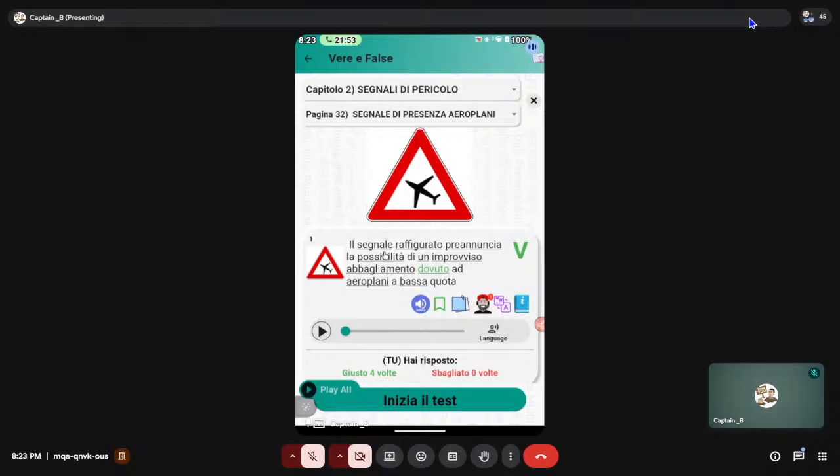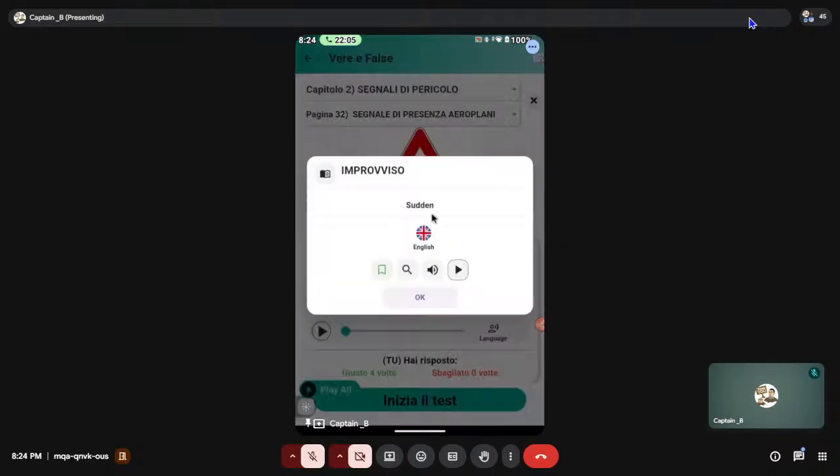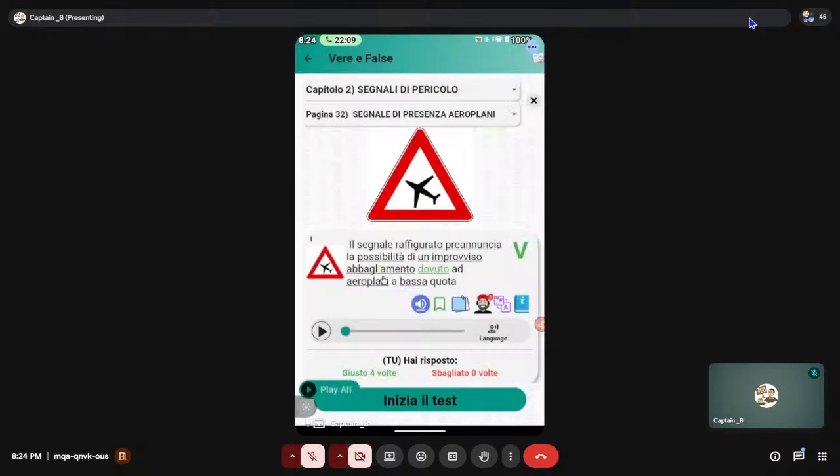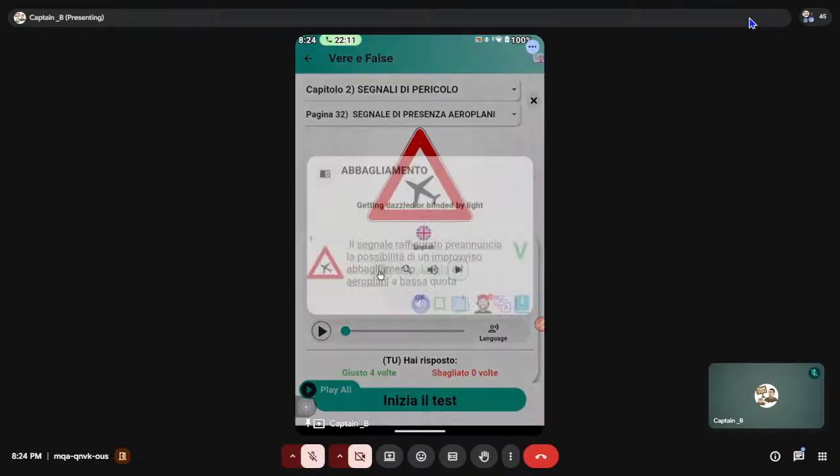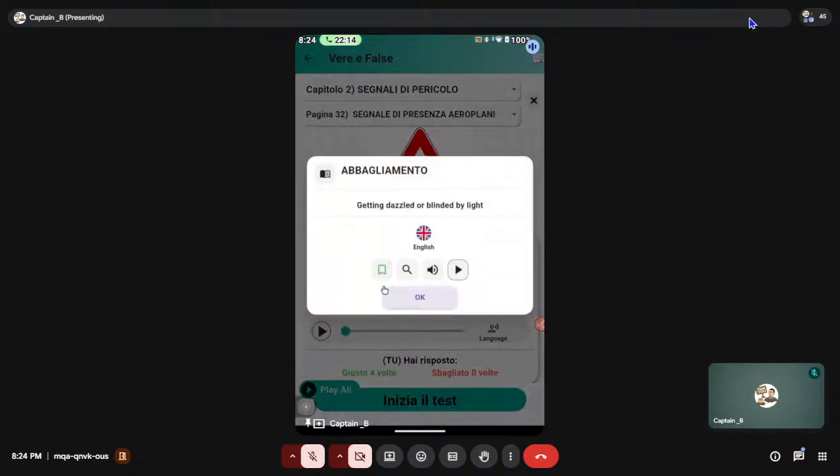Now, you see, this sign, raffigurato, referring to preannuncia, announcing the possibility of un improvviso, which also means sudden. Okay? Improvviso, sudden. Abbagliamento also means getting blinded. All right?